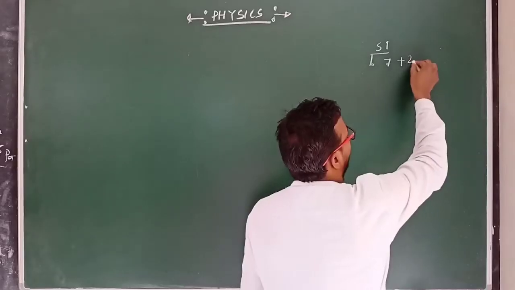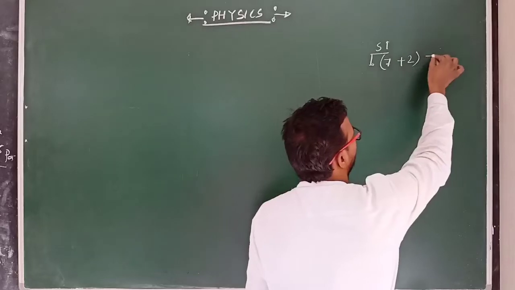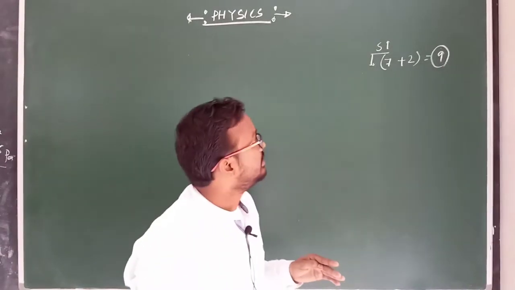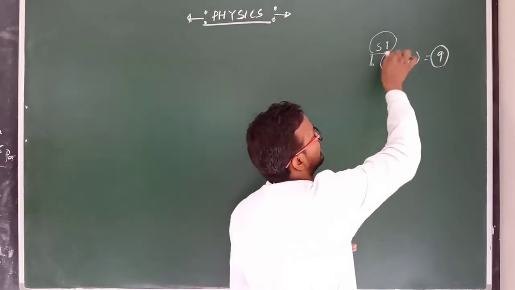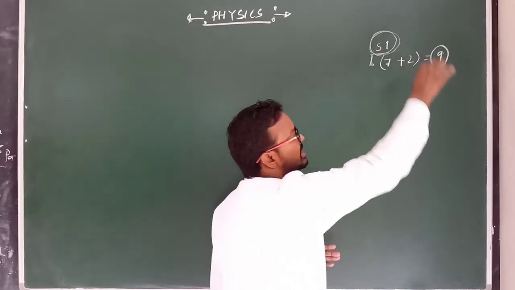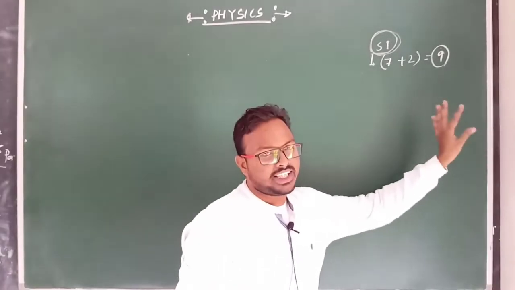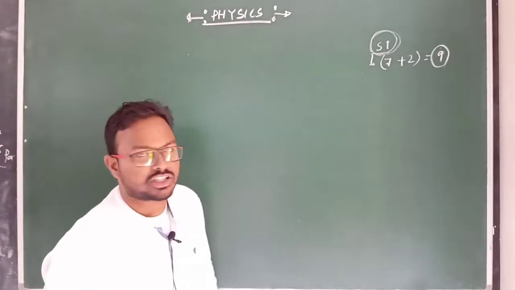So this is 2, and the sum of 7 plus 2 is 9 units, which are under the international system of unit. Clear? So these are the fundamental units in the international system.